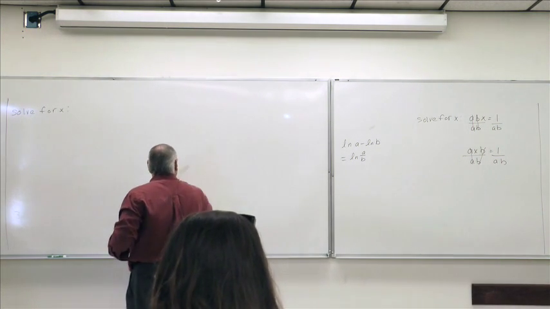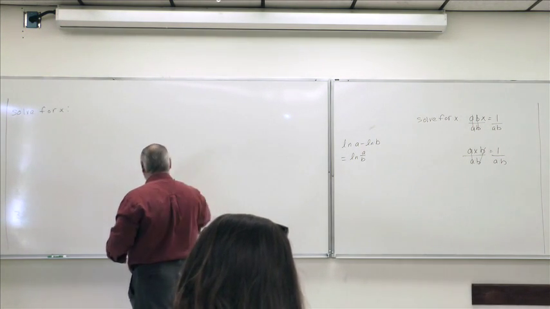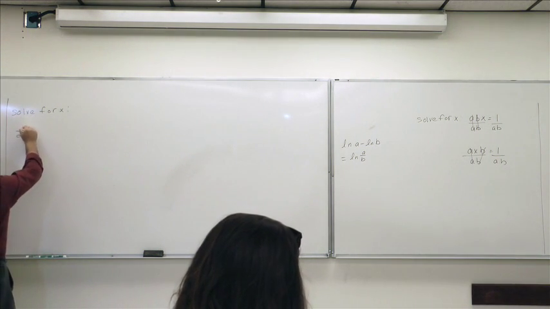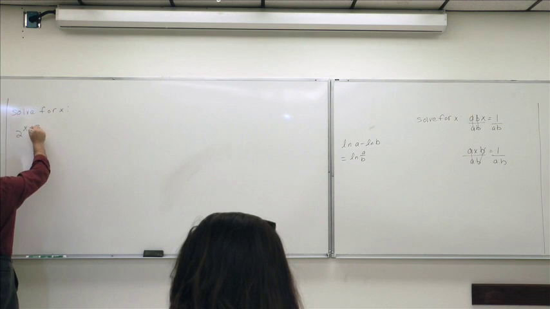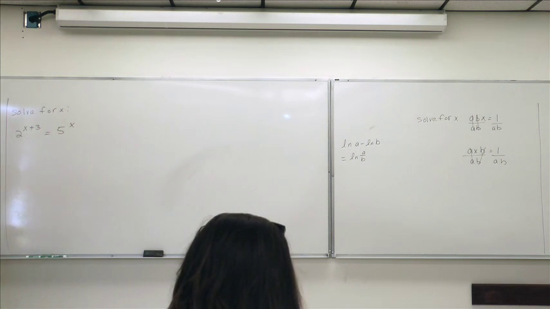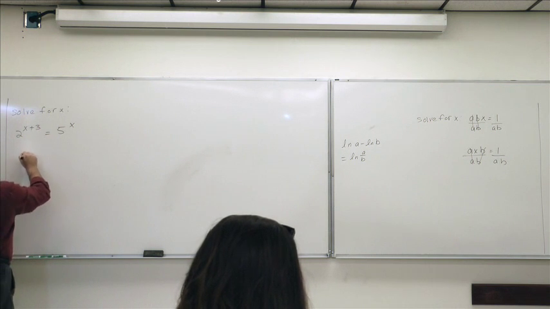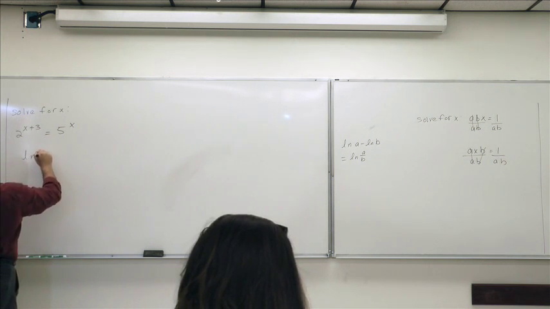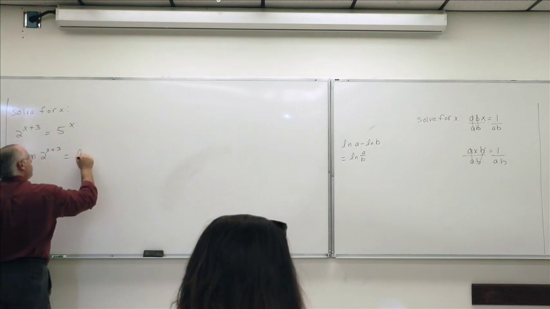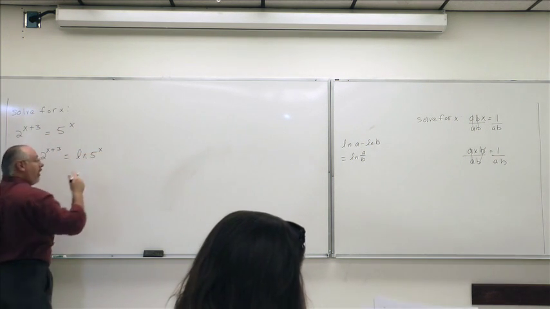And I'm trying to keep the problem as simple as possible here. So 2 to the x plus 3 equals 5 to the x. So again, we would take the natural log of both sides. Or the common log, right?